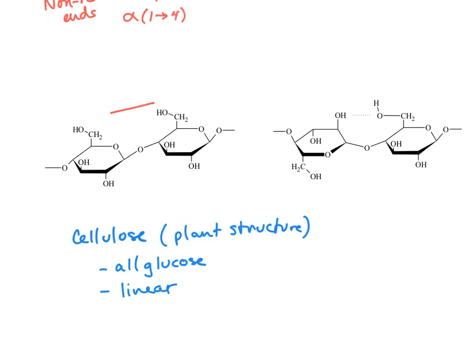Okay, how do we name linkages? Well, I would always start by finding the anomeric carbons on whatever sugars are linked together. Then perhaps numbering them out. That makes it a lot easier.